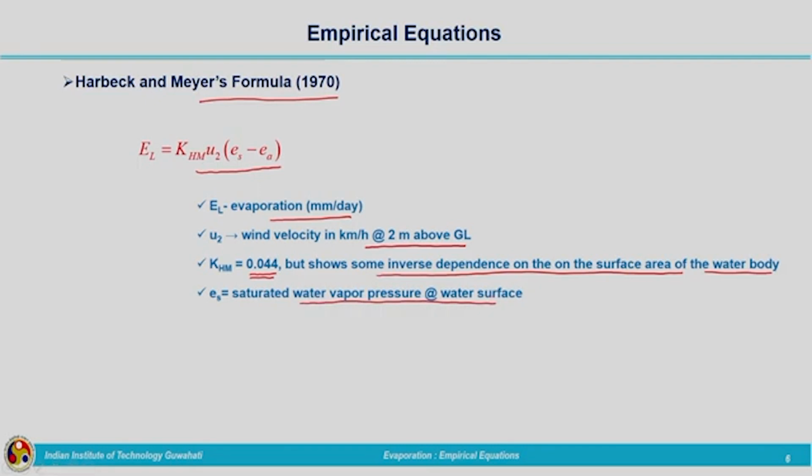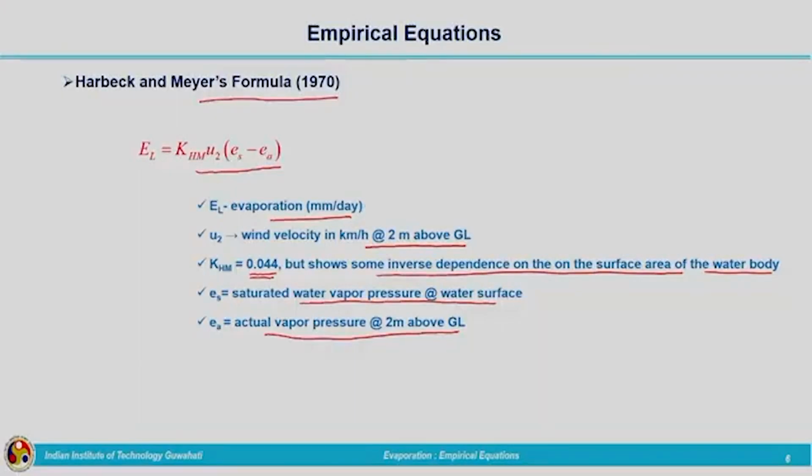At the water surface the air will be fully saturated, and corresponding to that we can consider saturated vapor pressure, and EA is the actual vapor pressure at a distance of 2 meters above the ground level or the water surface. So, in this particular formula, that is Habeck and Mayer's formula, we are considering the wind velocity at 2 meters above the water surface. So, at the corresponding location, that is at 2 meters above the water surface, we will be considering the vapor pressure also.